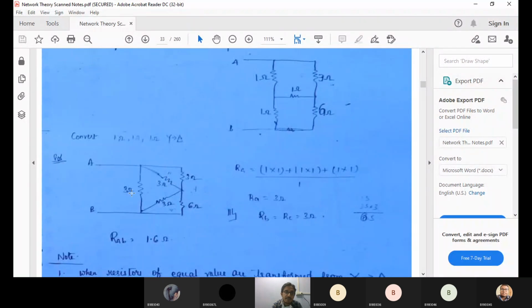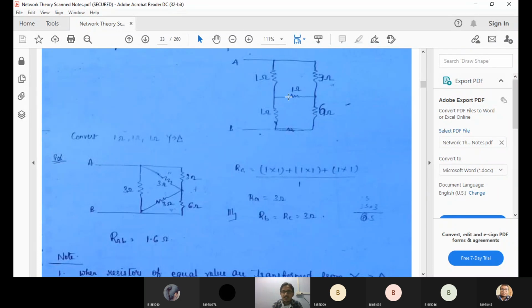This 3.5 is in parallel with 3. Then your equivalent resistance is 3 into 3.5 by 6.5, which comes to around 1.6 ohms. That is the reduction. So the solving is a bit difficult.